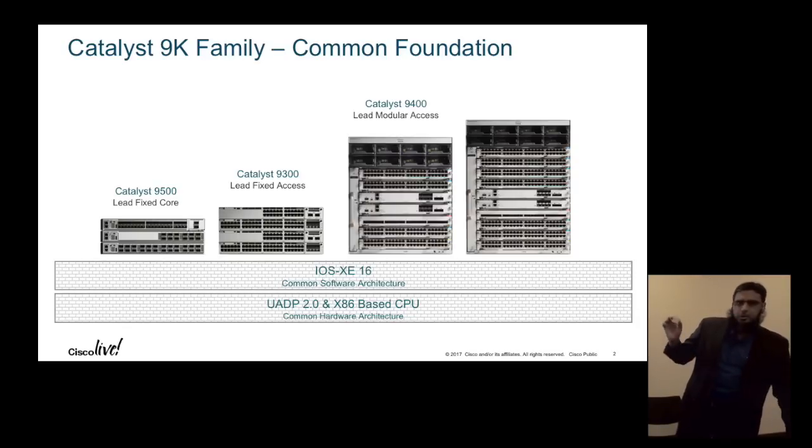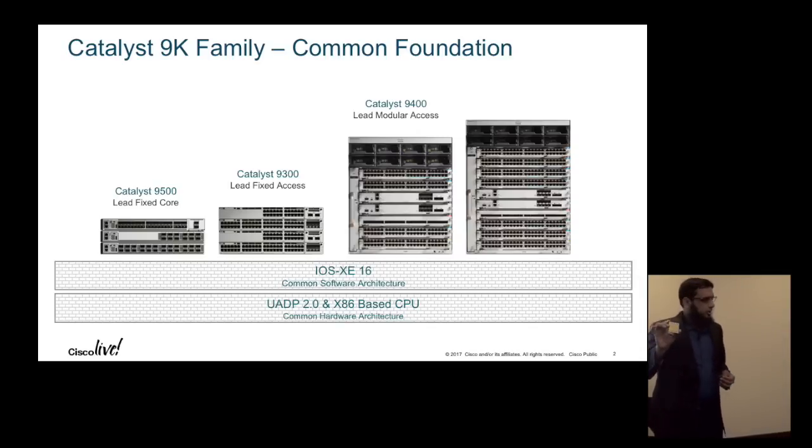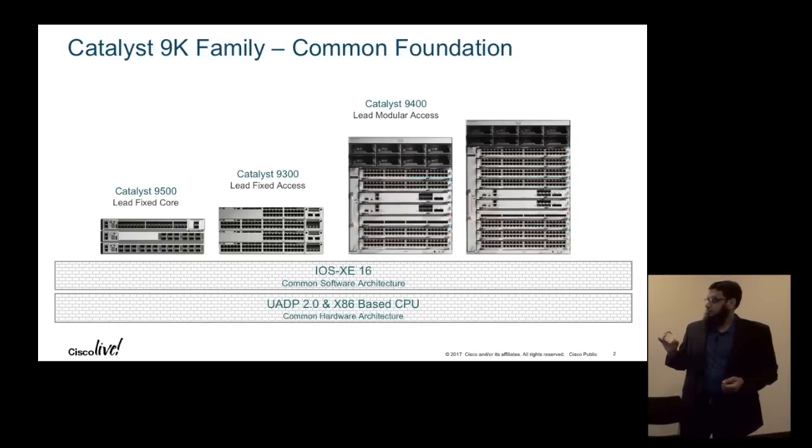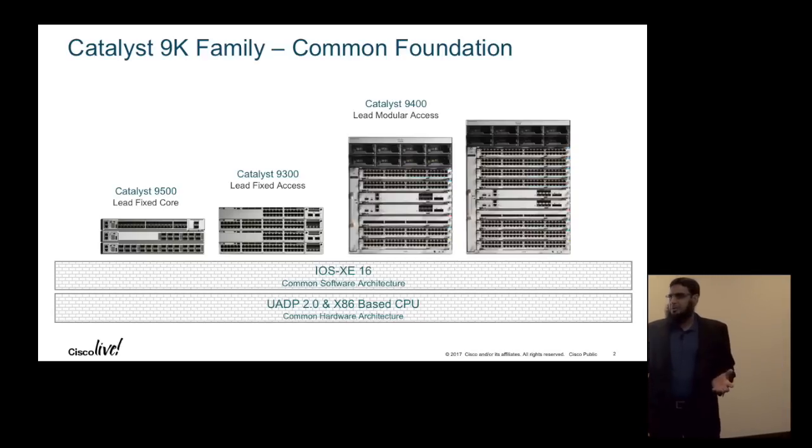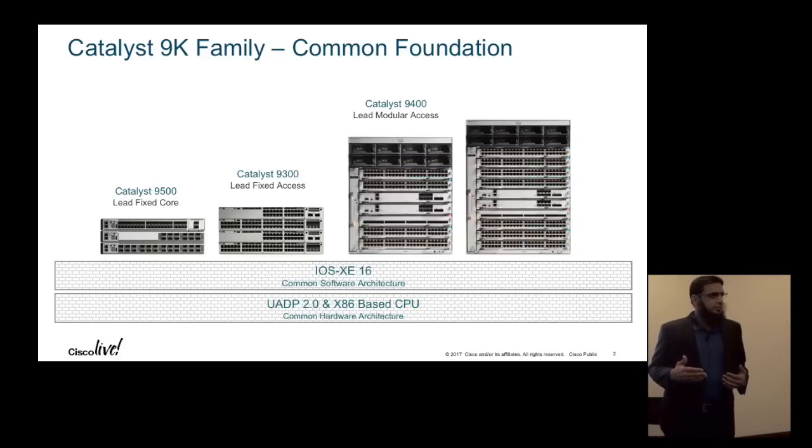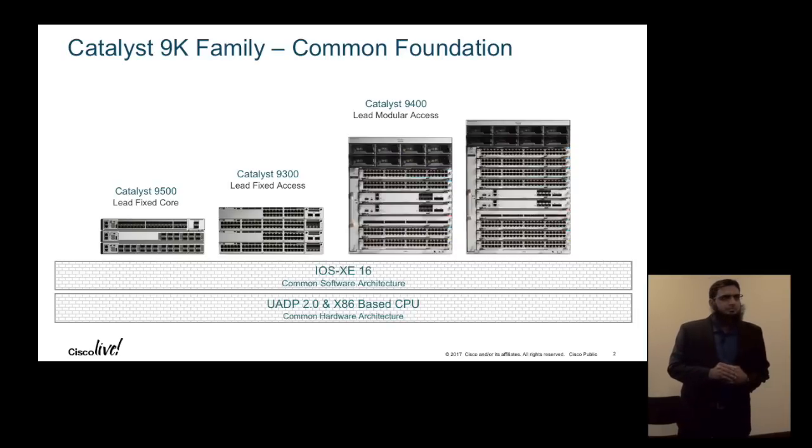The Catalyst 9K is based on the UADP 2.0, which consists of 7.46 billion transistors across the family. So the entire family of Catalyst 9K is using the UADP 2.0. What does 7.46 billion transistors really mean? Every transistor that we add means more features, functionalities, more scale, and performance, right? I'll talk about that a little bit more in the next slide.